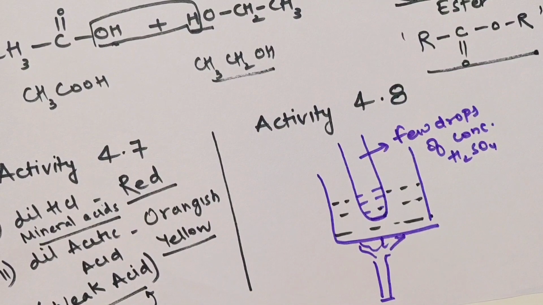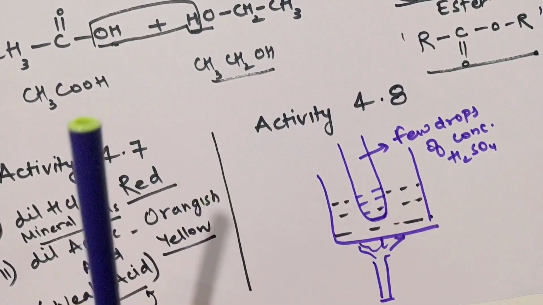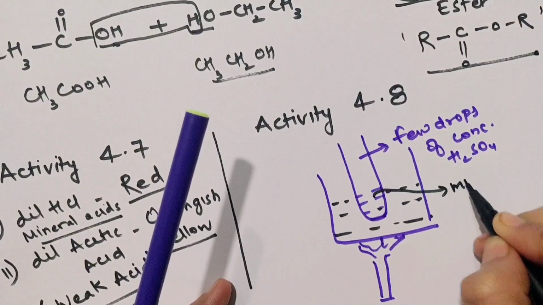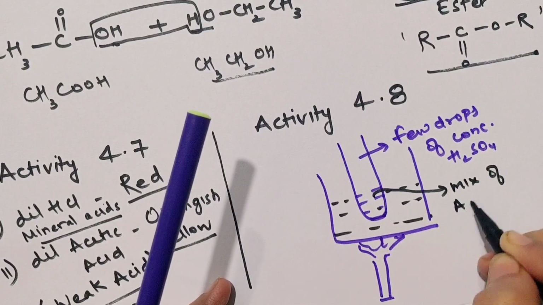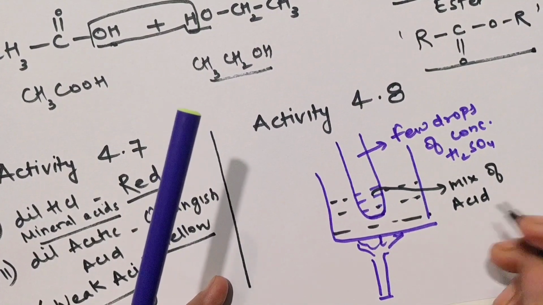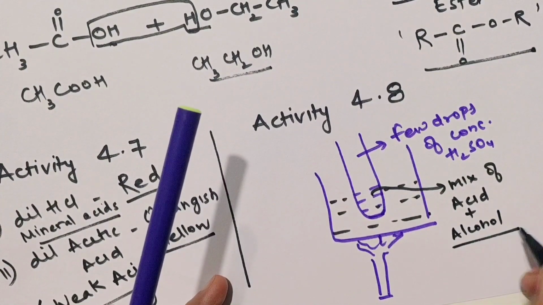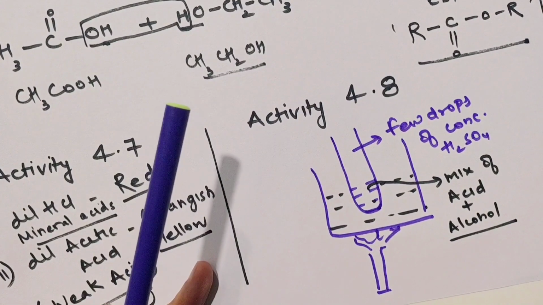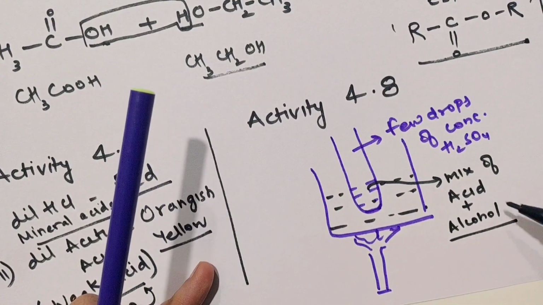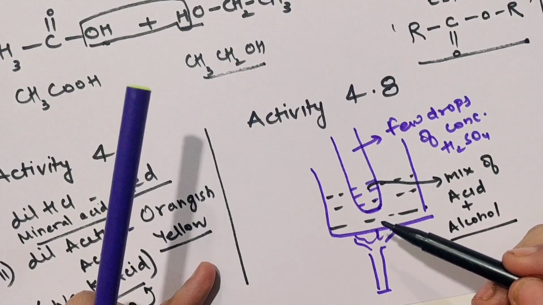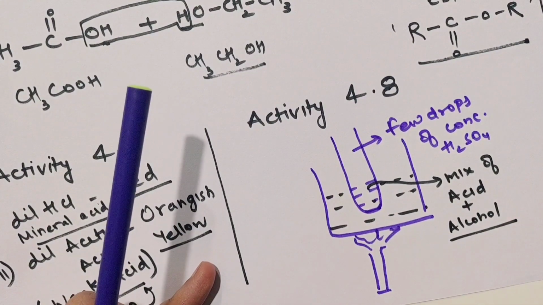Here, this is the mixture of acid, that is your organic acid, and alcohol. So we are heating the mixture of carboxylic acid and alcohol in a water bath because organic compounds are usually flammable.